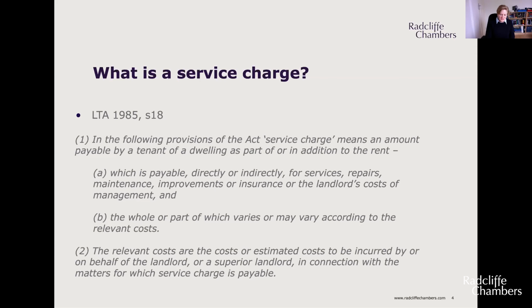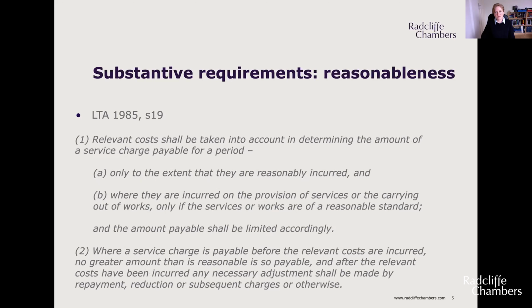So that then brings us to the first of my taxonomies, that is the substantive requirements of service charge. So any cost that a landlord wants to pass on to a tenant by way of service charge must meet a reasonableness test. And that test is set out in section 19 of the 1985 Act. And again, I've put the relevant provision here on the slide.